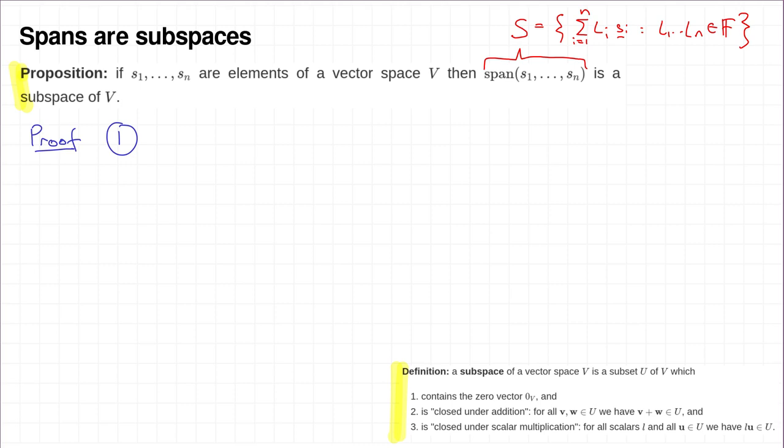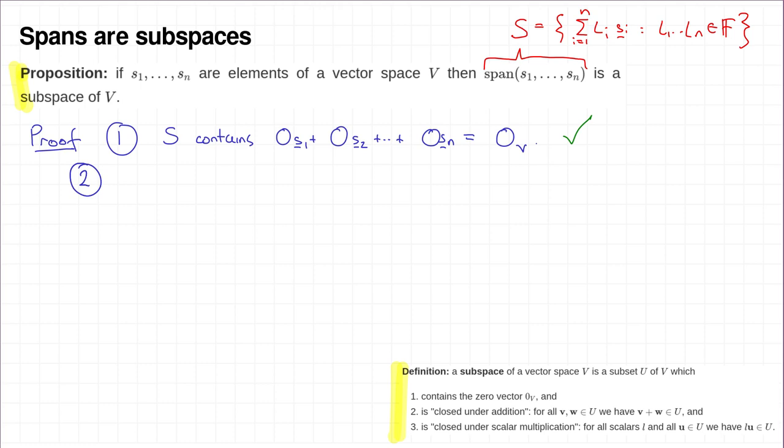That's what we have to check when we're doing the first part of our proof. Well, it does contain 0 because we can simply take all of the L's to be 0. So S contains 0 times S1 plus 0 times S2 plus, and so on, up to 0 times Sn, which is, of course, the zero vector. So condition 1 in the definition of being a subspace is satisfied by S.